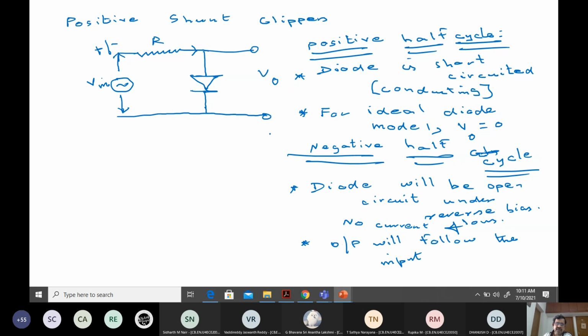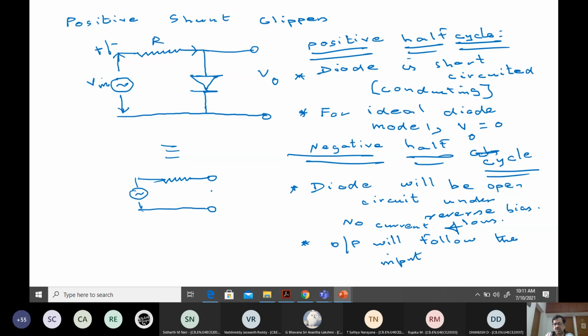So think of it as an open circuit condition, which means it will resemble this. There won't be any voltage drop when there is no current.